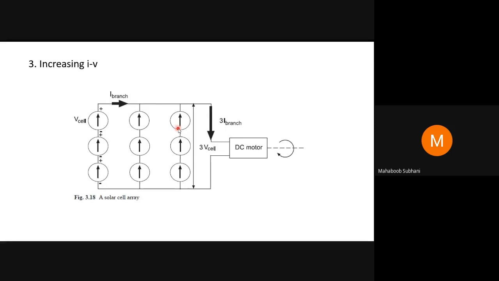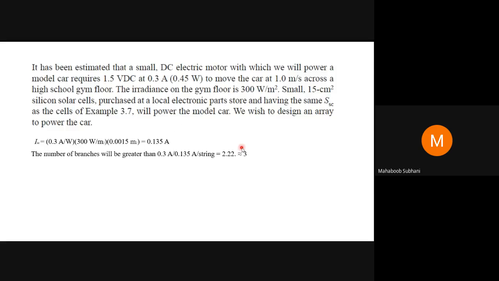This is how we design an array, which gives the power required to drive this electric motor at that speed. This is only a rough design. Some values are higher and some lower, where we have to compensate with some resistance in the model, which we have not done yet.